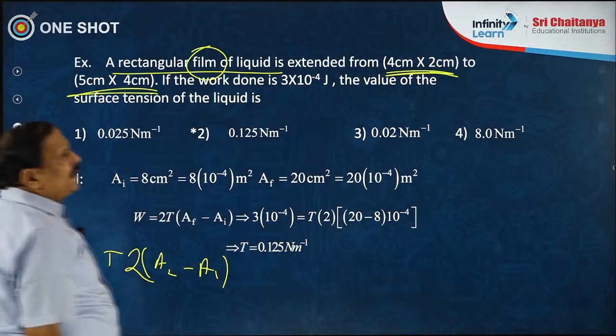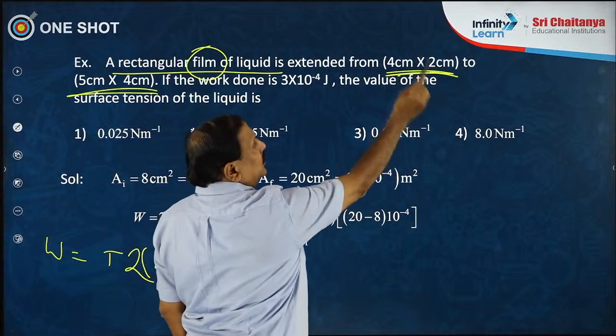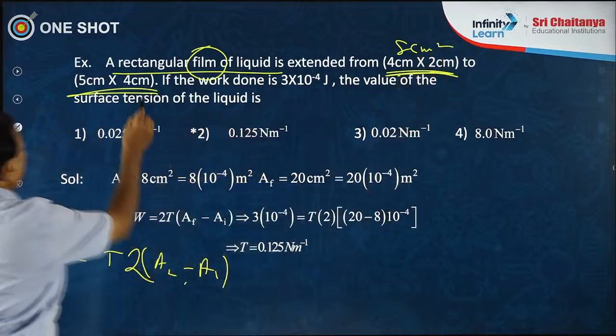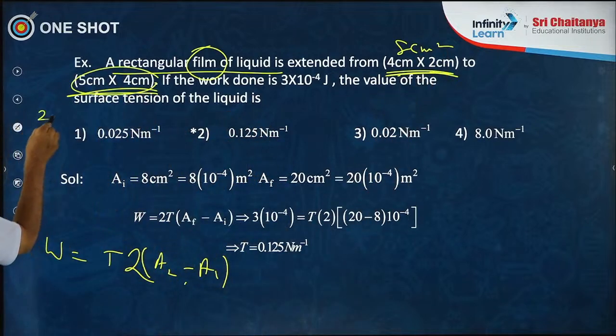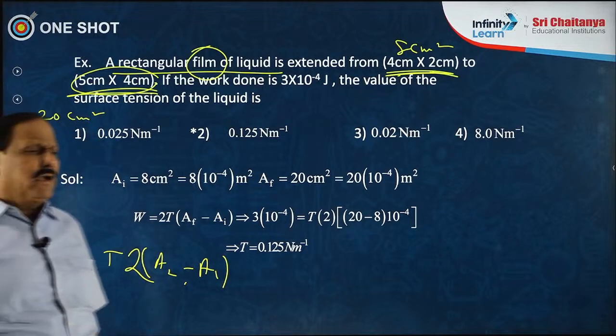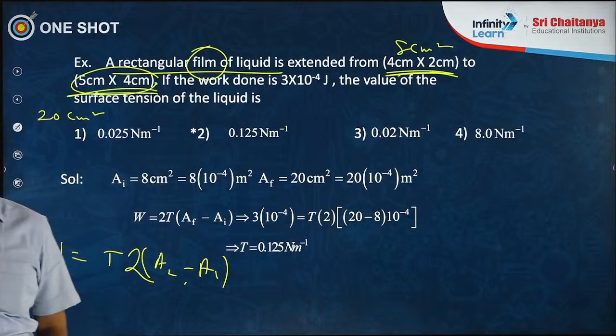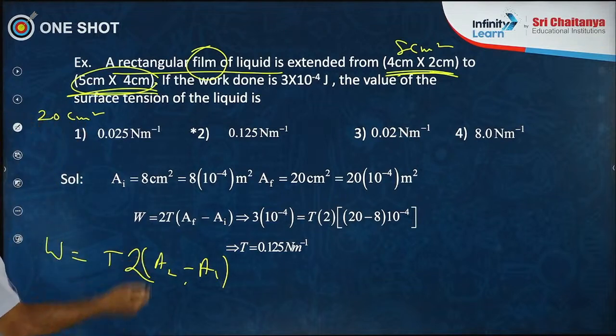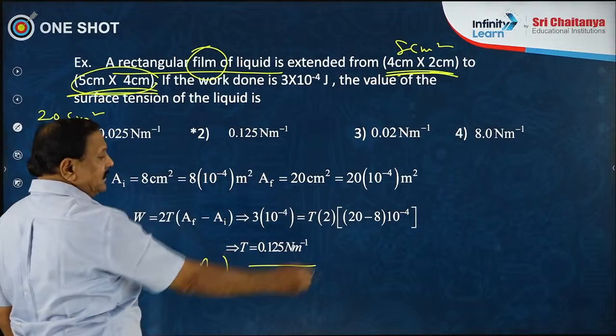A1, A2 are given: A1 is 4 into 2, 8 centimeter square. Final area 5 into 4, 20 centimeter square. Of course, centimeter square must be converted into meter square by multiplying with 10 power minus 4. After calculating you get the required answer.